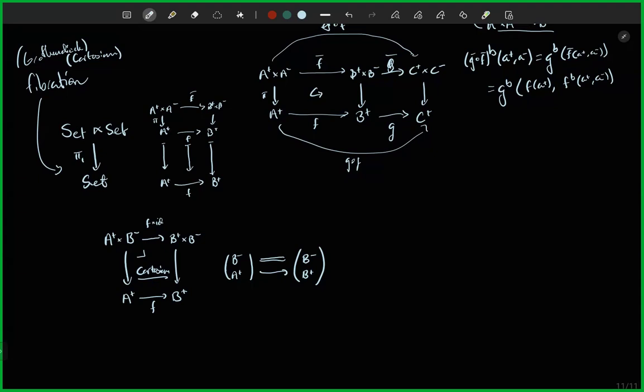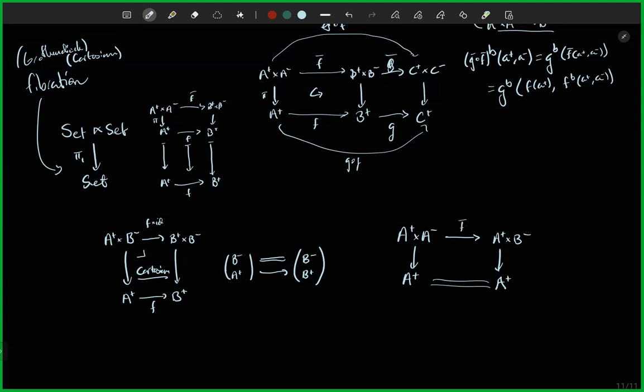Okay. So then there's another kind of map we can have, which is the opposite. We could take A plus times A minus to A plus. And then we can imagine that we have an identity over here, A plus, and then just something else over this. And now we could imagine that we have some map up here.